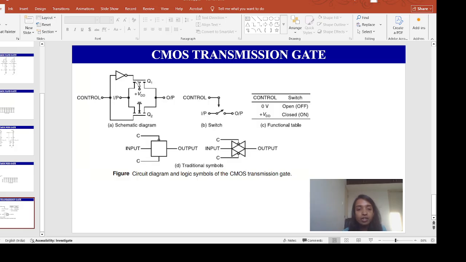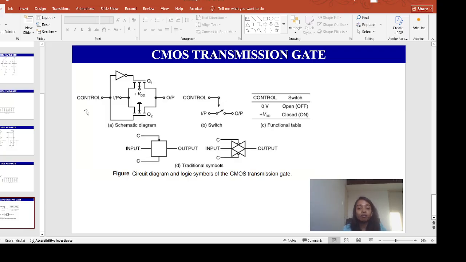In this condition, Q1 will be off and Q2 will also be off. And if the input is high, VGS1 is 0 volt and VGS2 is negative. So again Q1 will be off and Q2 will also be off. So there will be no conducting path from input to output when the control signal is low.